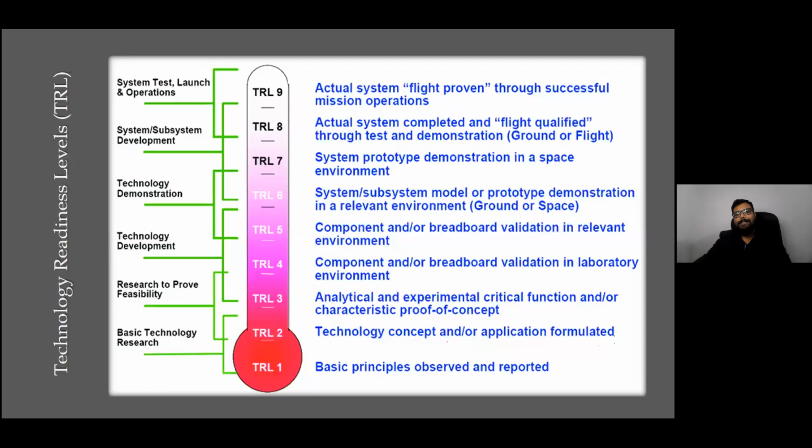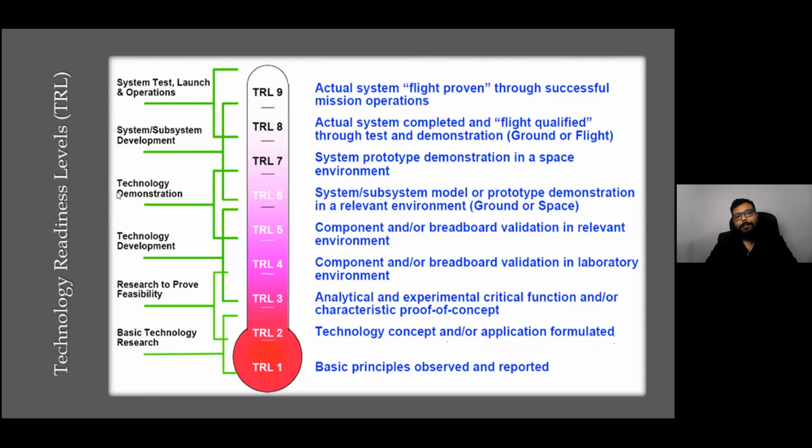so here also you can see this slide is self-explanatory. As I was discussing, the same thing is shown here. The basic technology research is TRL 1 and 2. TRL 3 and 4 is research to prove feasibility, and TRL 4 to TRL 5 is technology development.